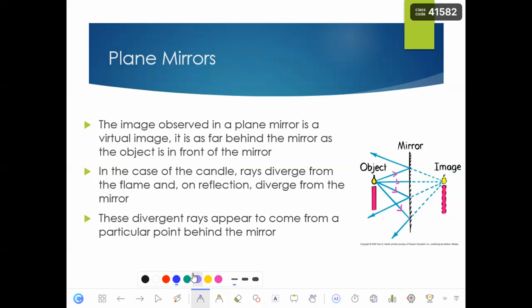I draw the normal line. See here? This is a normal line, yes? It should be perpendicular.